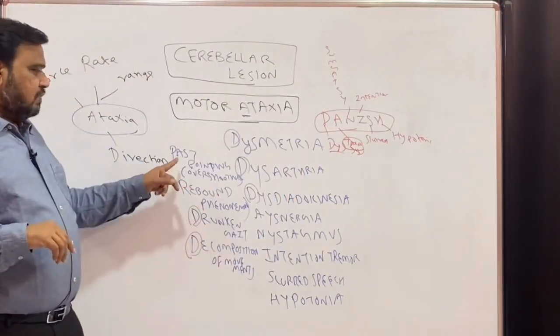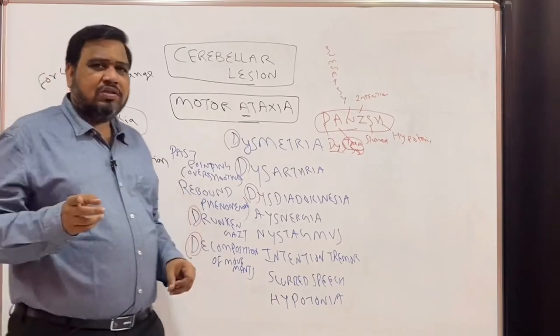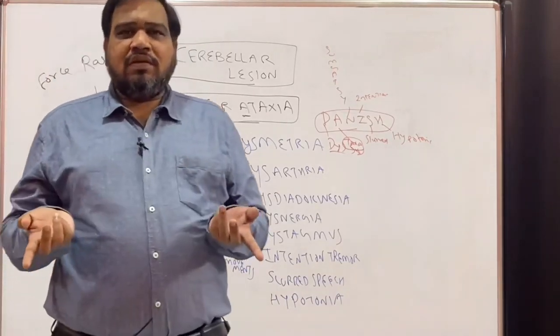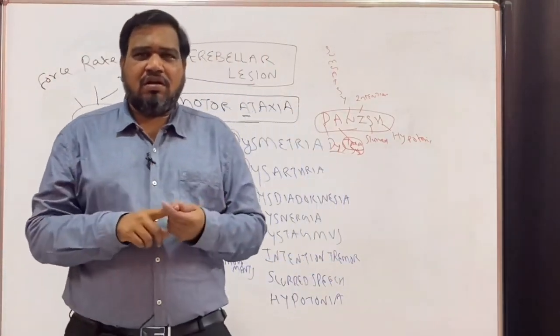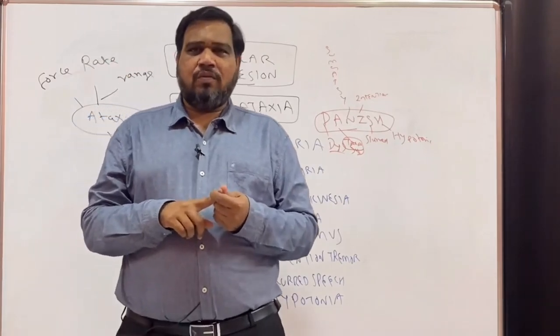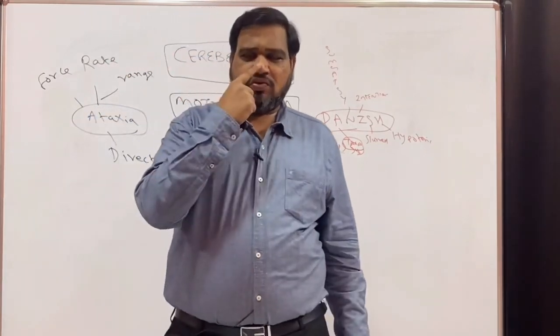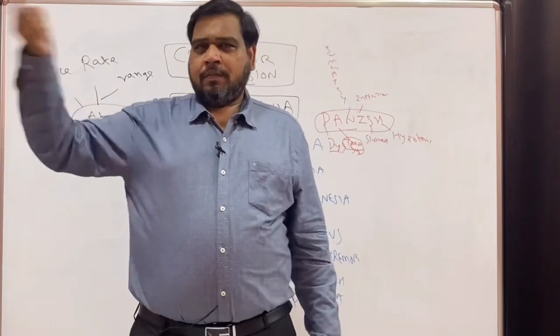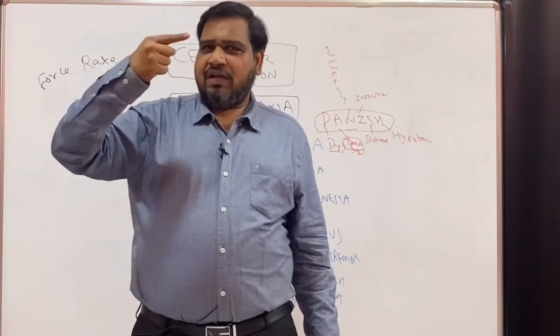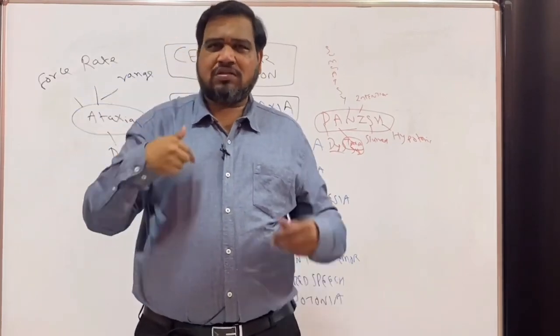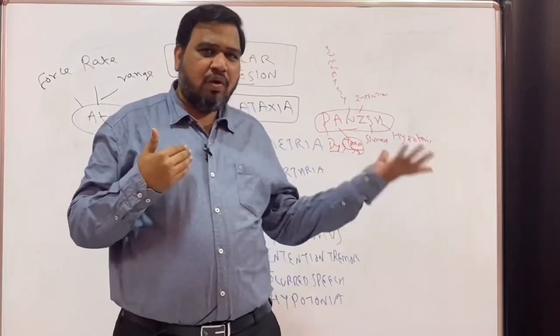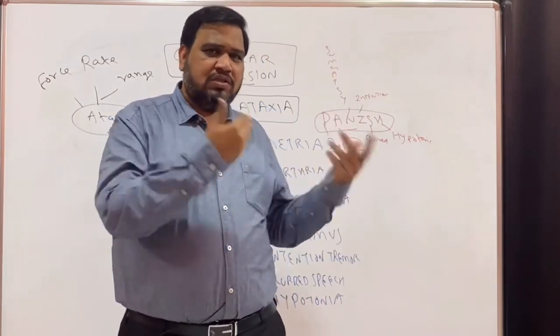Then coming to past pointing. We also call it overshooting. In cerebellar function tests, there is a test called the finger nose test. So this is my finger, this is my nose. I am able to do it correctly. That is, my finger is correctly pointing. If I am suspecting someone of having a cerebellar lesion, I will do this test, the finger nose test.